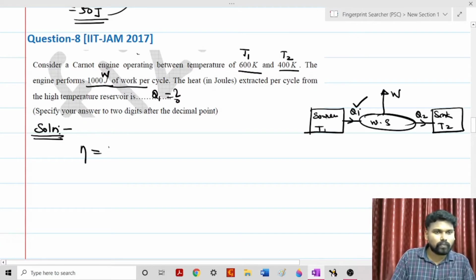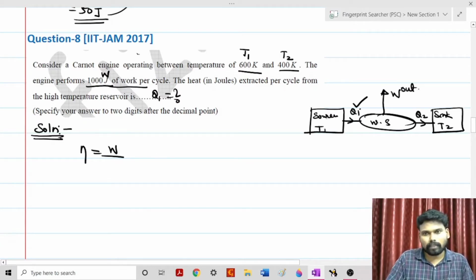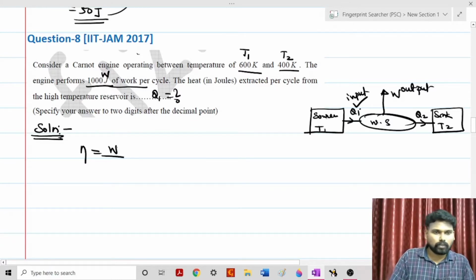For any heat engine, efficiency is output by input. Useful work is the output and Q1 is the input. So it is W by Q1, and you can write W as Q1 minus Q2, by Q1.